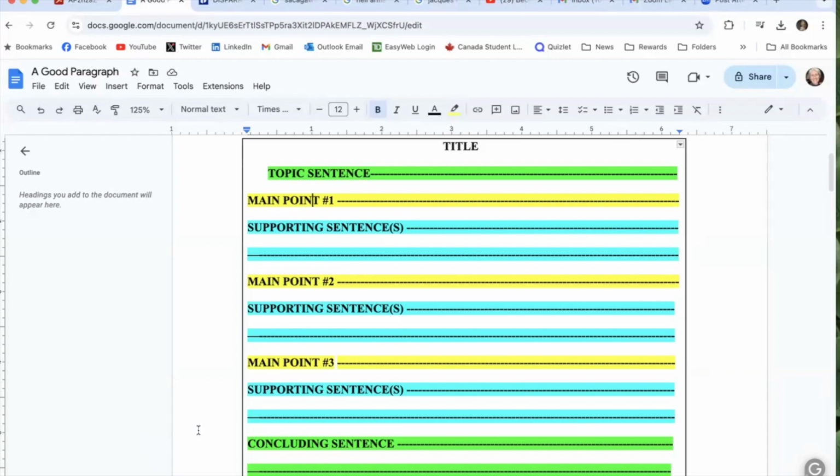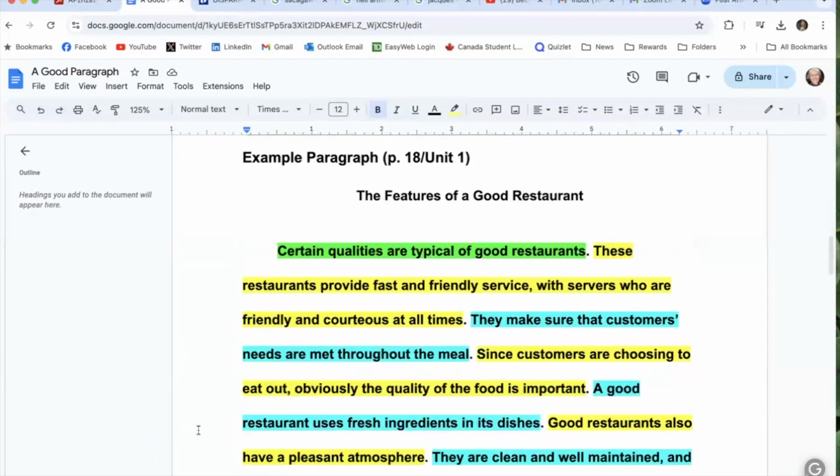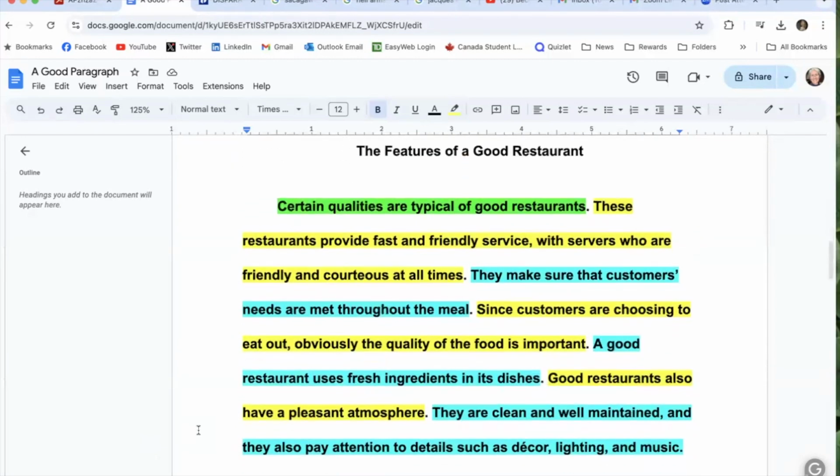Now, let me go on to the next thing. So what I've done here, it's a pretty simple paragraph, and we have a title here. And let me ask, Sophie, what's the title of this paragraph?